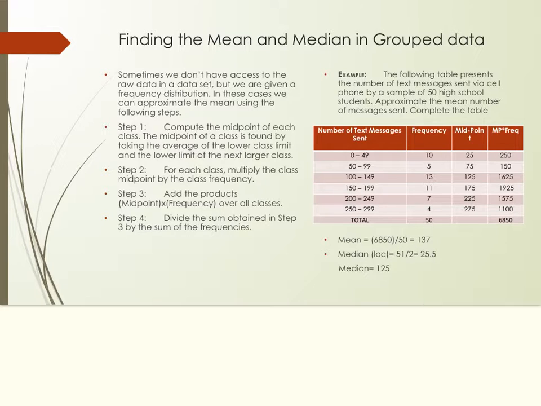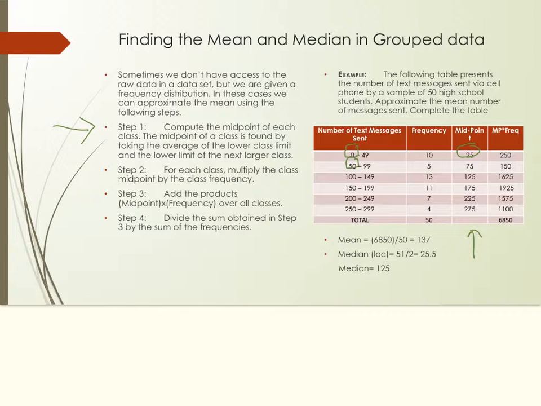So the first step in using grouped data is to compute a midpoint of each class. So we're going to show you how to calculate the midpoint. The midpoint is taking the lower values of each class, the first class and the second class, adding them together and dividing by 2.